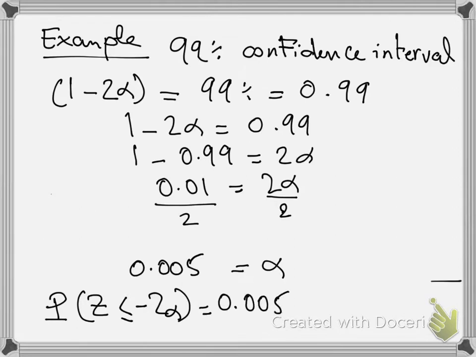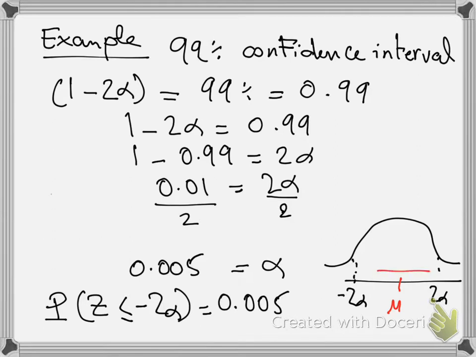Okay, so again, here's your minus Z alpha, this is your Z alpha, here's your mu, the population mean. The probability that mu belongs to the confidence interval is 99%.